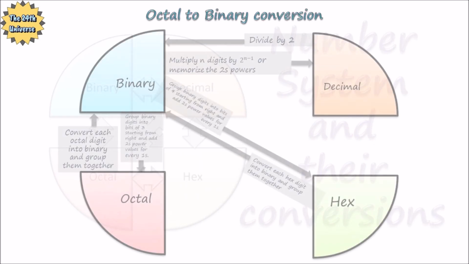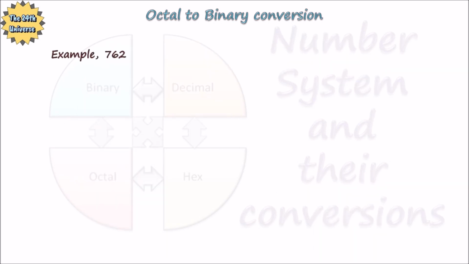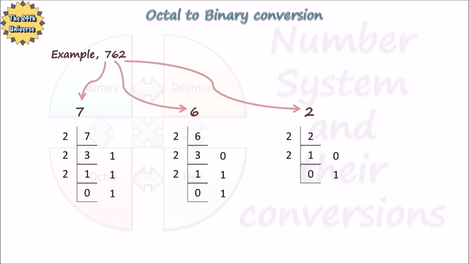Octal to binary. Easy method is to separate each digit of the octal number and divide each digit by 2 to get a binary number of 3 digits, and group them back to get the required binary number. Consider an example 762. Here, every digit of octal is converted to its binary equivalent like this.